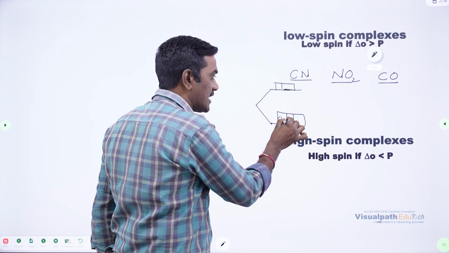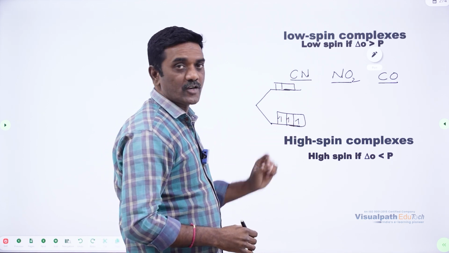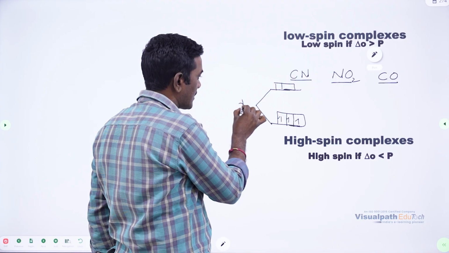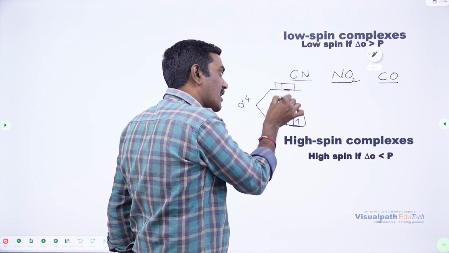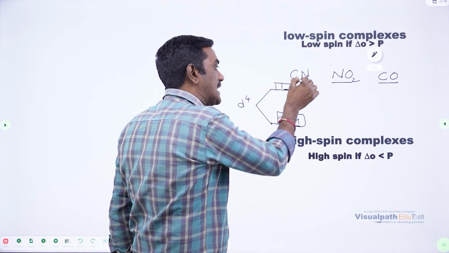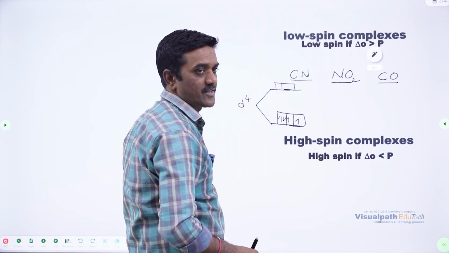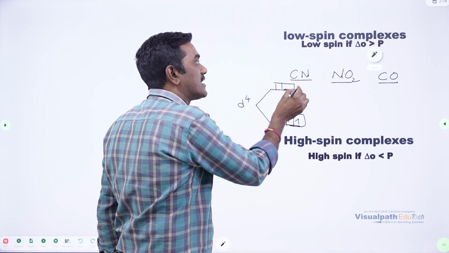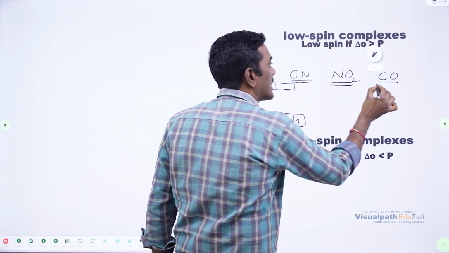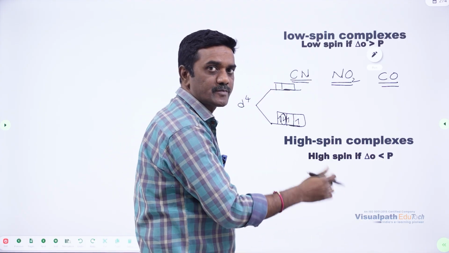Electrons will fill first here. If I am considering a d4 configuration, 1, 2, 3 electrons will fill here, and the fourth electron can enter here or here. If the fourth electron enters the lower level, that is going to be called a low spin complex, whenever the ligand is stronger, just as we have seen in the spectrochemical series.